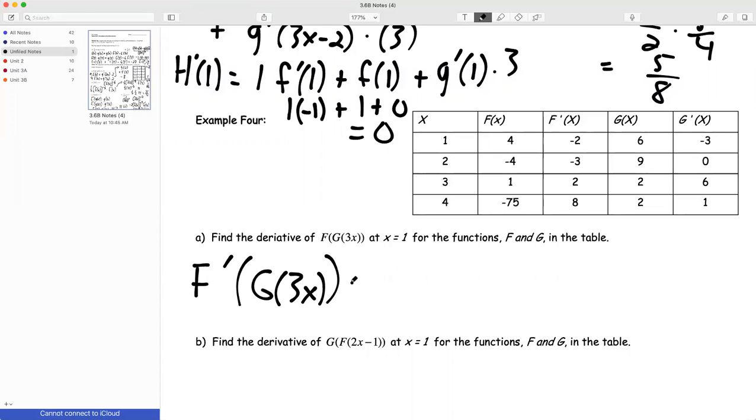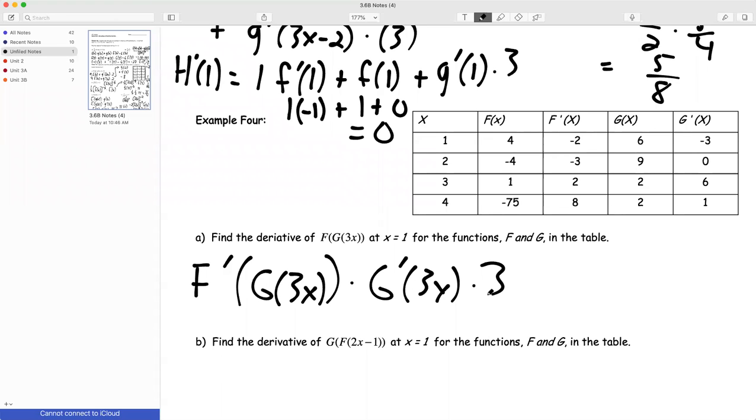And then I multiply by the derivative, so g prime of 3x times 3. Technically, if it's just that, semantics, right? There's a 3 there.